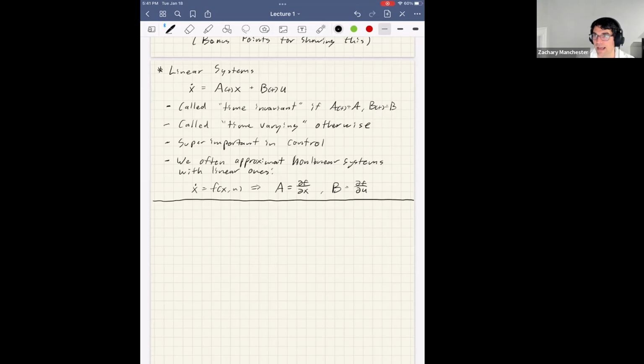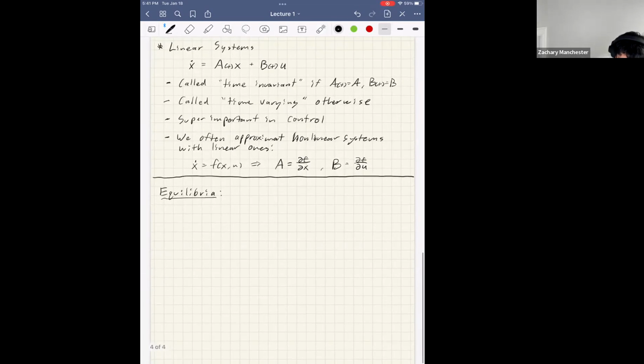Okay, so what we're going to talk about now are equilibria. This is, again, a pretty core concept in control. The intuition is that it's a point where a system will remain at rest.